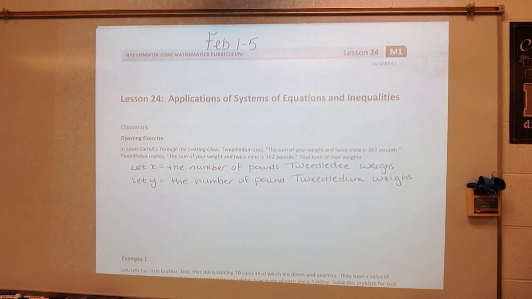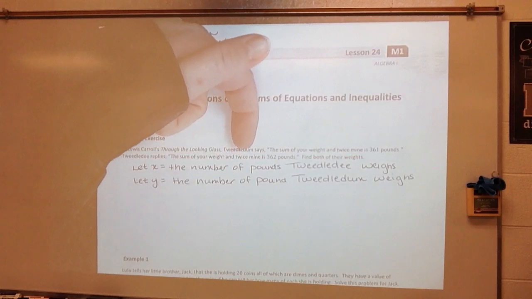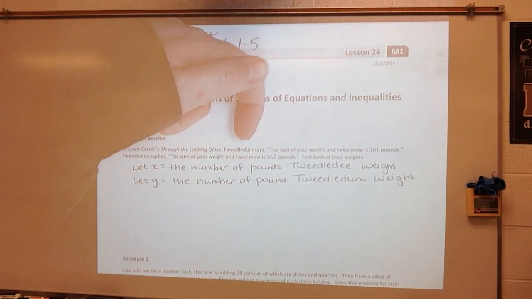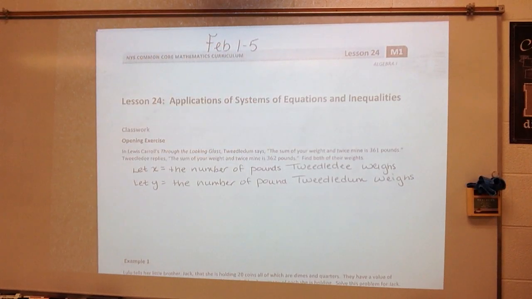Alright, so now we need to set up an equation. Okay, so let's look at the first statement. You have to be really careful how you're reading this. Make sure you understand who is saying it. So Tweedledum says to Tweedledee, the sum of your weight and twice mine is 361 pounds.